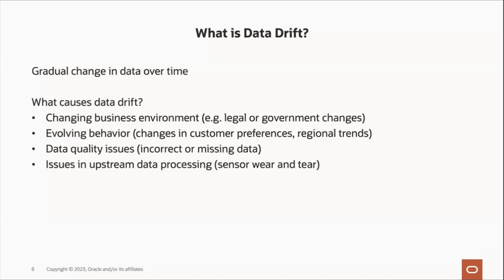You could also have data quality issues, changes in the way that you're recording your data that lead to incorrect or missing data. Also, your data processing pipelines, for example, mechanical sensor wear and tear could cause your data to drift. So those are just a few of the ways that data drift can happen. Again, there's any number of reasons in the real world that your data might change.